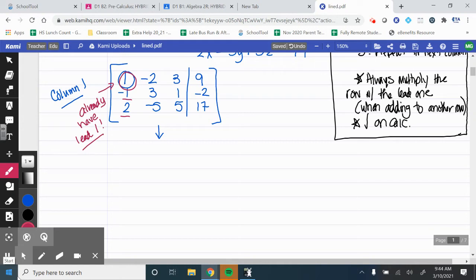As you get more comfortable, you can get the zeros all in the same step. But for today, on this first one, I'm going to start by doing just one thing at a time. So I'm going to focus on getting this -1 to become a 0. To do that, I always multiply my row with the lead 1 in it.